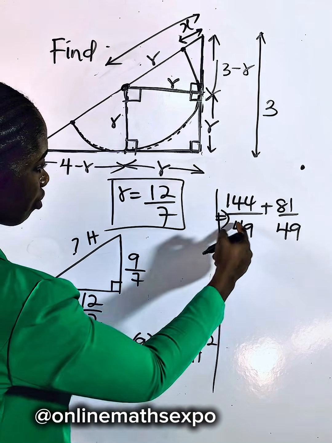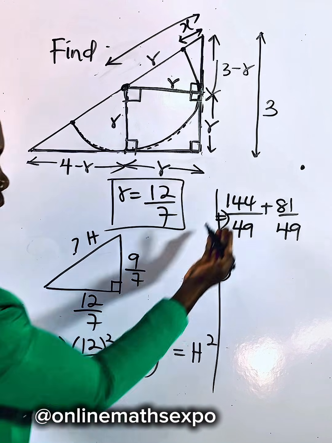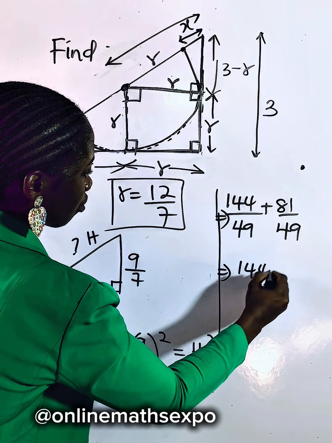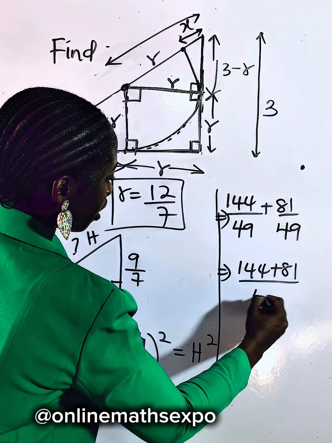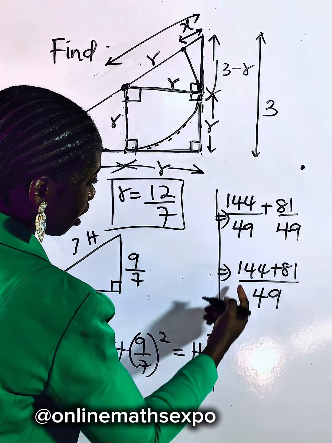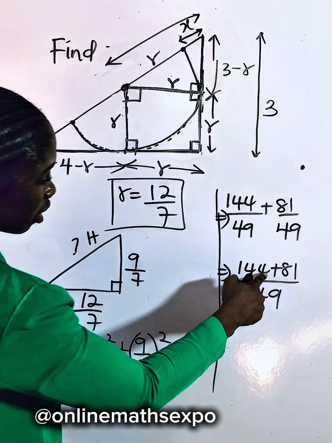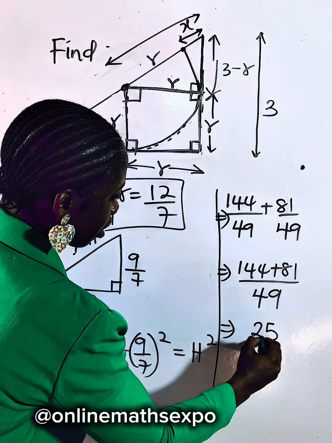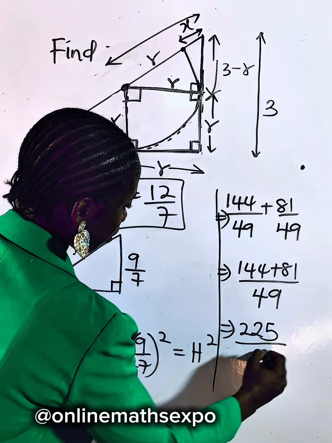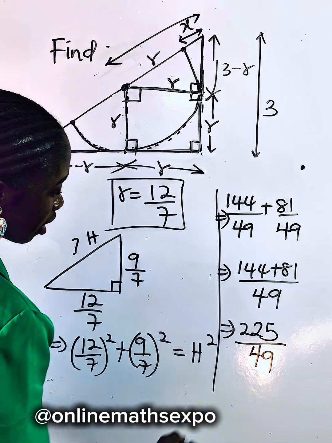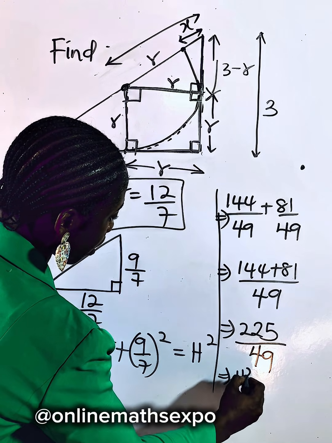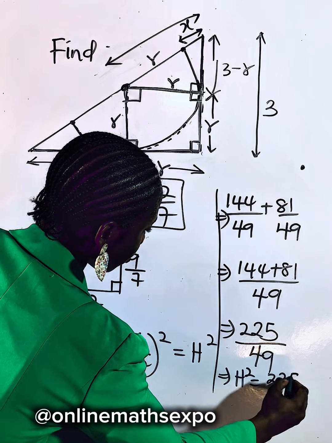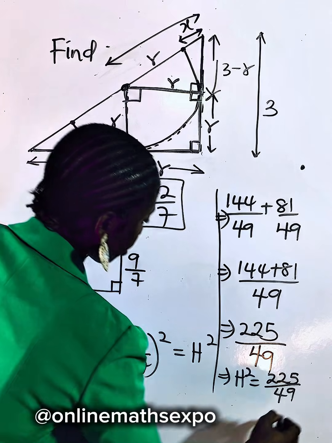The denominators are the same, add the numerator. So we have 144 plus 81 divided by 49. So if you add this together, this plus this gives us 5. This will give us 12, take 1, add it here, becomes 225 divided by 49. So it means our h squared is 225 divided by 49.